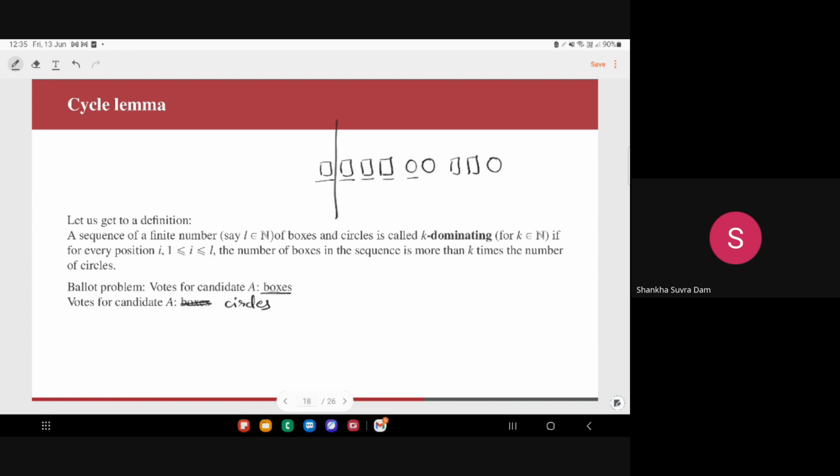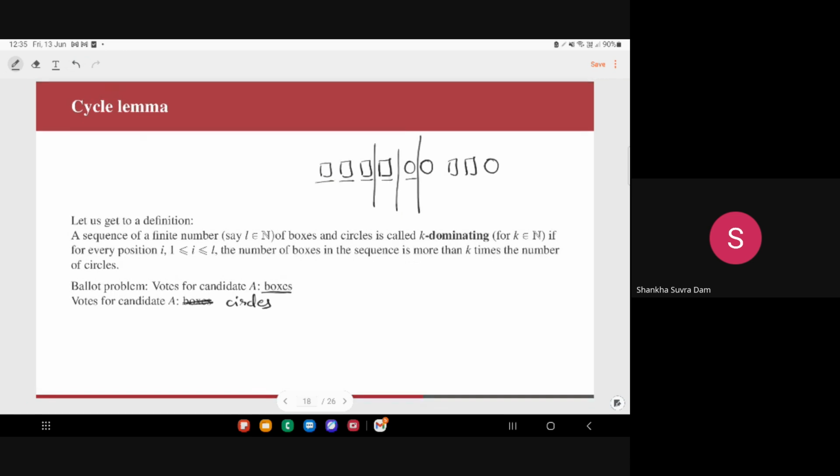So here, there's only one box. So when we take K equal to 1, we say it's 1 dominating. So the number of boxes is definitely more than the number of circles. Same here, here, and so on. Here also it's fine. The number of squares is 4 and the number of circles is 1.